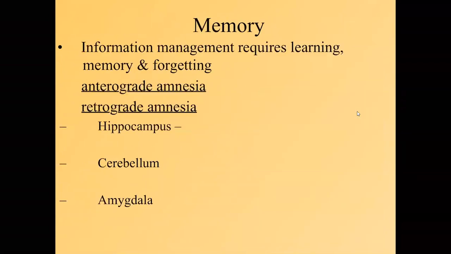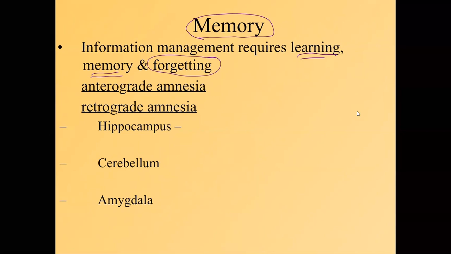Okay, now memory. Whenever you're learning something, the book says information management, so it requires us learning it, right? It requires us remembering it, but it also requires us forgetting things that aren't necessarily important and hanging on to the things that are important.